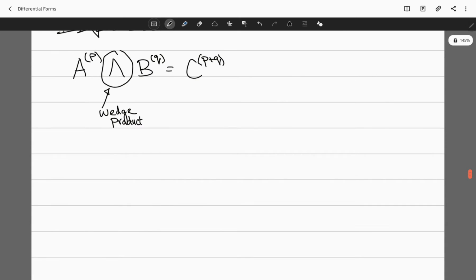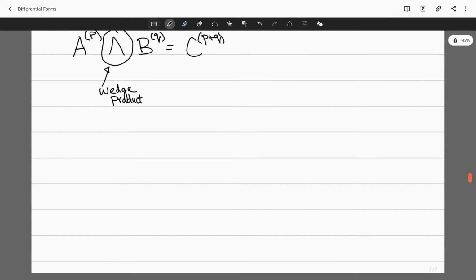Now we can write this in terms of components, and in that case the C would be C with indices mu 1 up to mu p+q, so this many indices, and this is simply equal to A wedge B with mu 1 up to mu p+q.